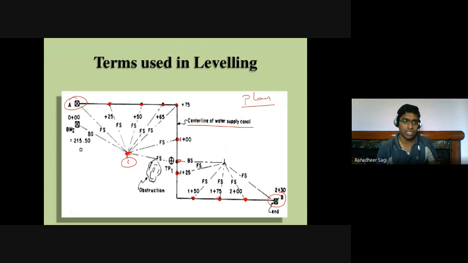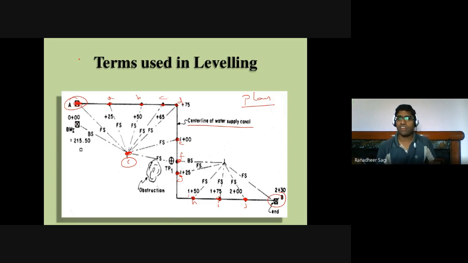So I am going to measure the elevations of various other points, like the elevation of the starting point, and then the subsequent points, let's say point 1, or small a, small b, small c, small d, small e, small f, small g, small h, small i, small j, and your end point.